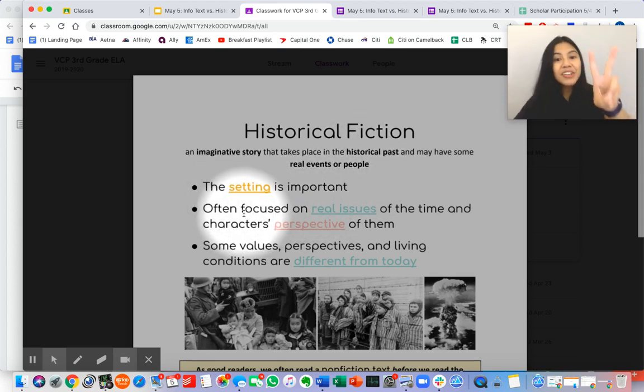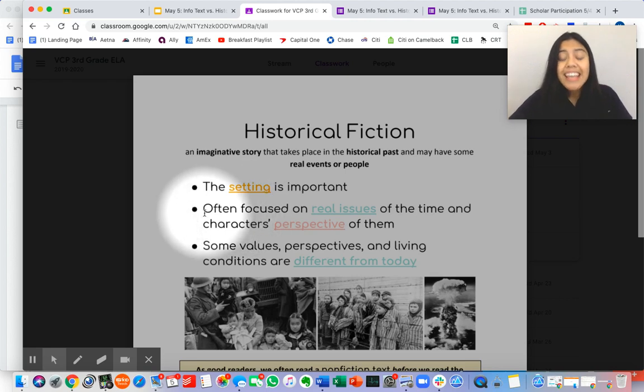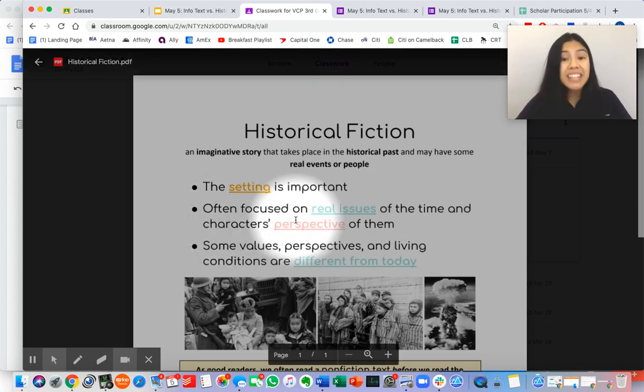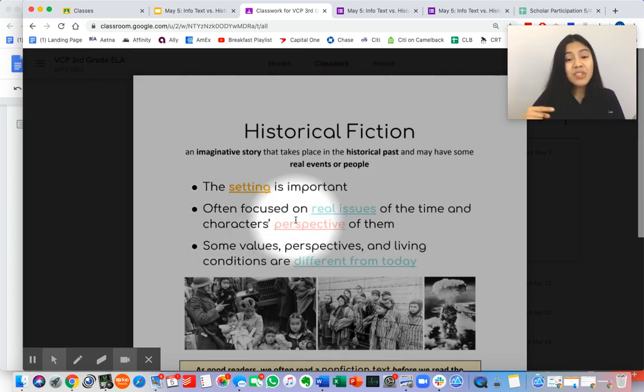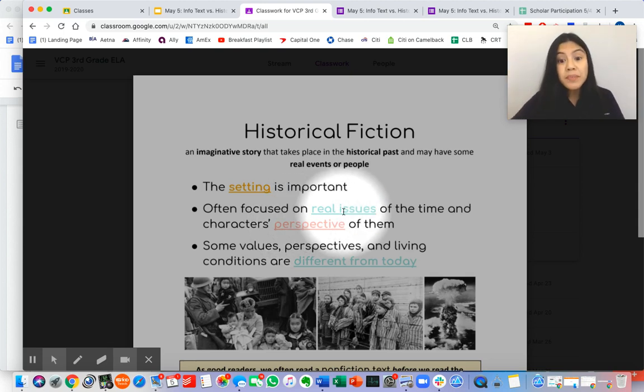Our second characteristic of historical fiction is that it's often focused on real issues of the time and the characters' perspective of them. Yesterday, we read about Japanese American internment camps, which was a real issue at the time.